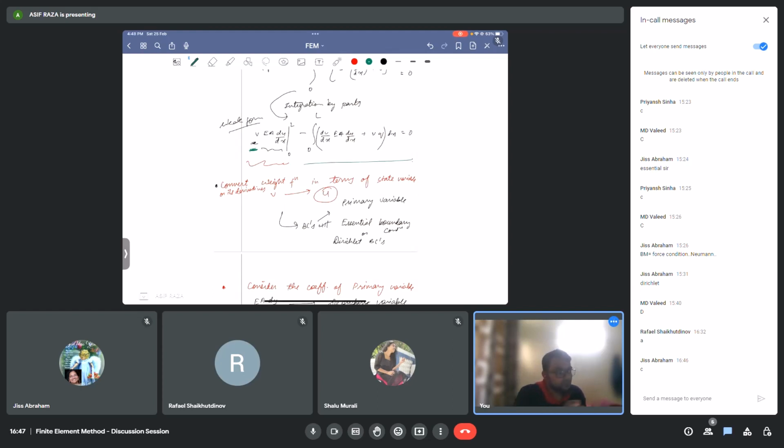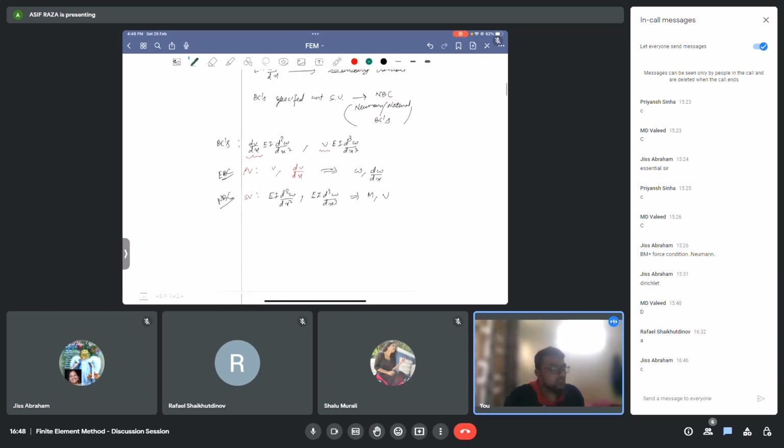Whatever form we have in the boundary condition of the weight function or its derivative, we take those as our primary variables. So for a bar problem, U is our primary variable.